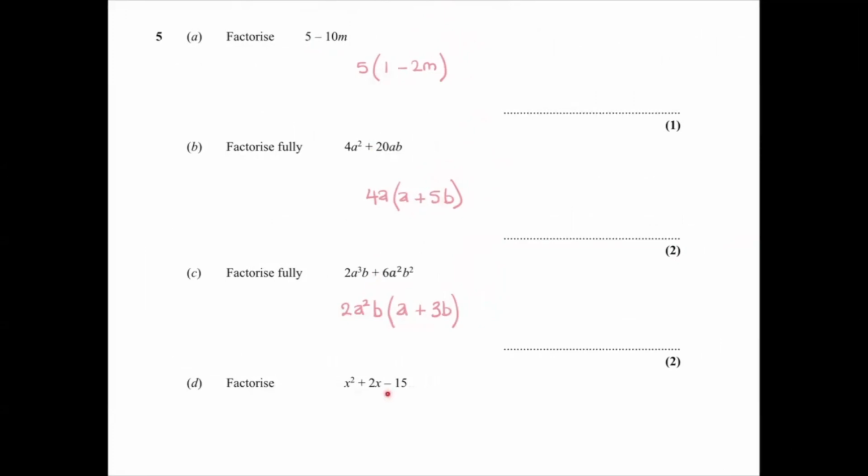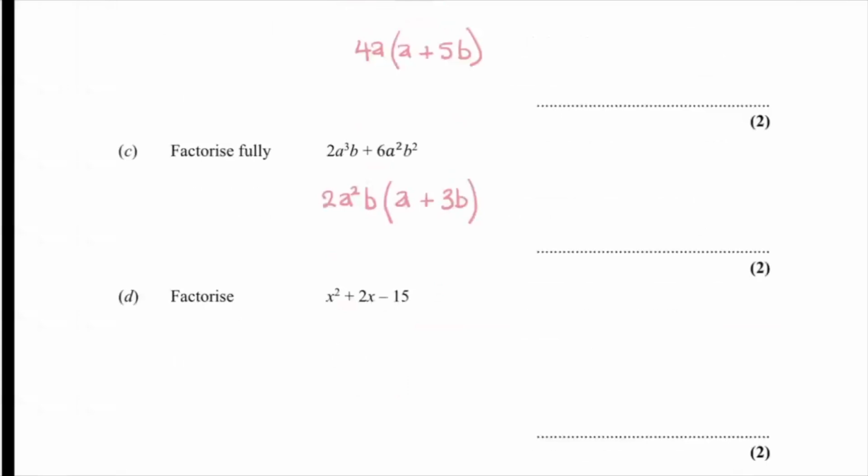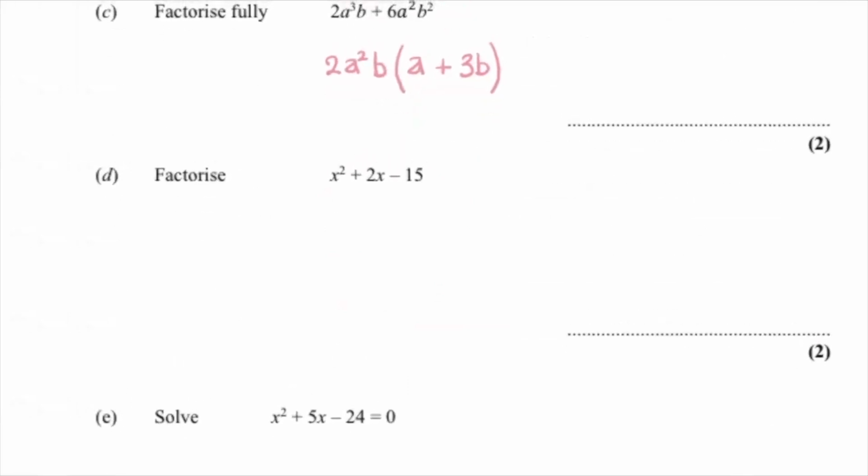Here I have two operations, which means I'm going to have two brackets. Now I'm going to do this fairly swiftly because I'm not trying to teach this to you. If you are rusty, I'm also going to put a link to a video that really goes into this method in detail, which will help you.